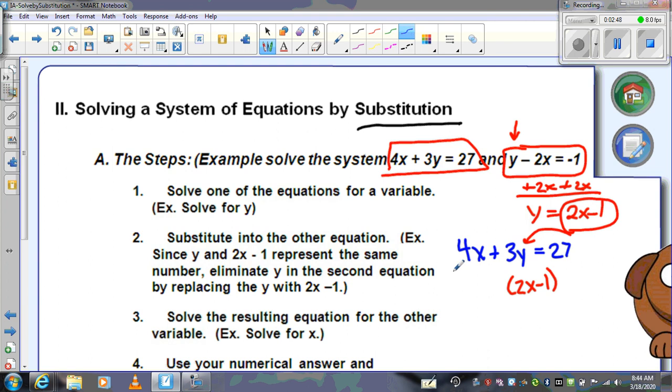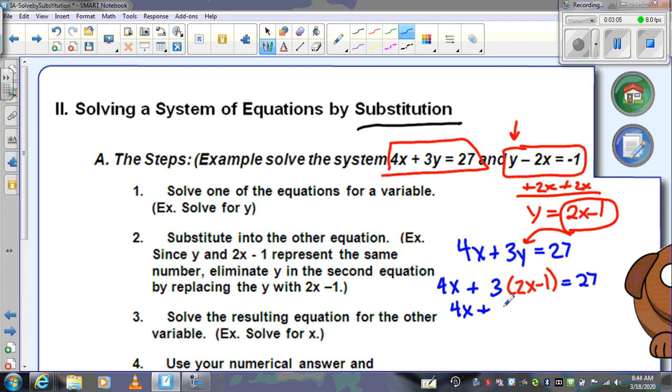Now, the reason why that works so well is that when I look at this equation, I have an equation that just has one variable in it. It's all x's, so it makes it very easy. All I do is solve this and I'm going to get my value for x.